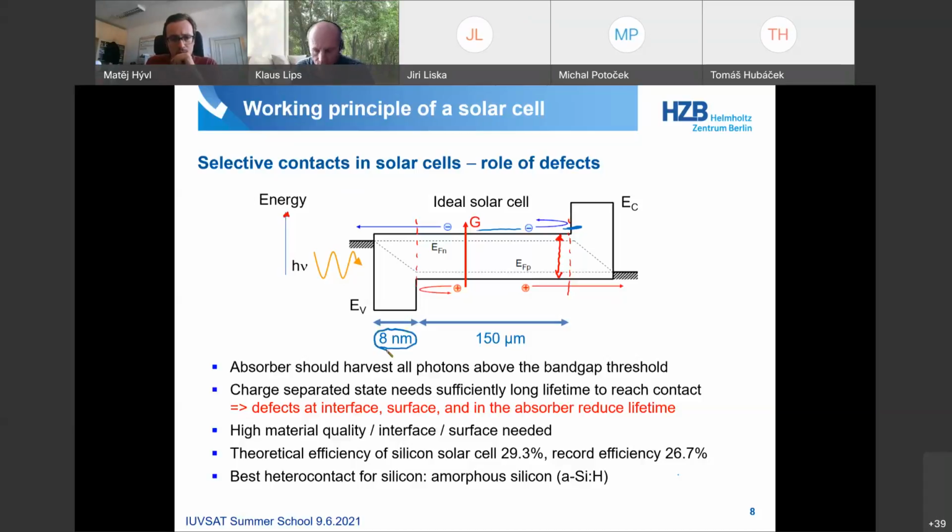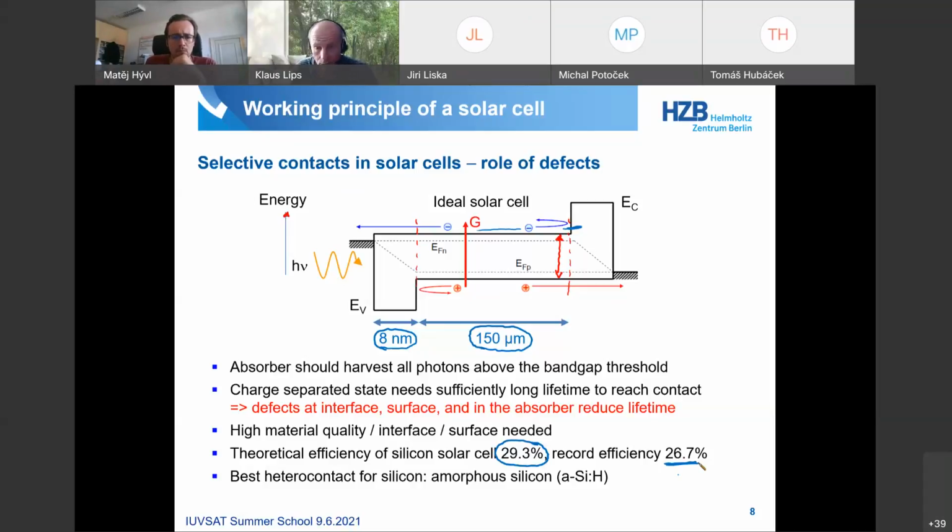So they are very thin compared to the 150 nanometers thickness of the absorber material that you need to harvest all the photons that have an energy above the band gap. In principle, silicon can do 29.3% as the theoretical efficiency. And so with the 27, we're already very close by, showing how perfect this device is.